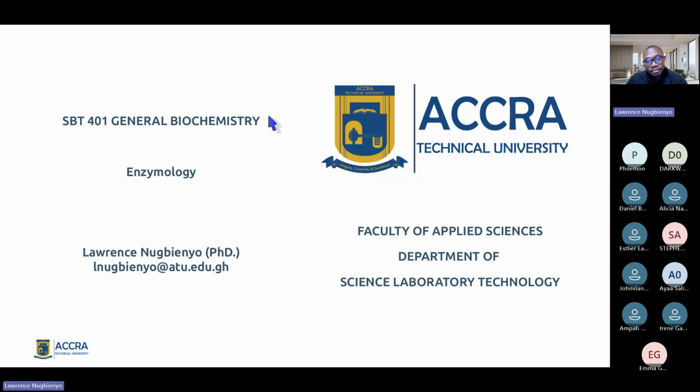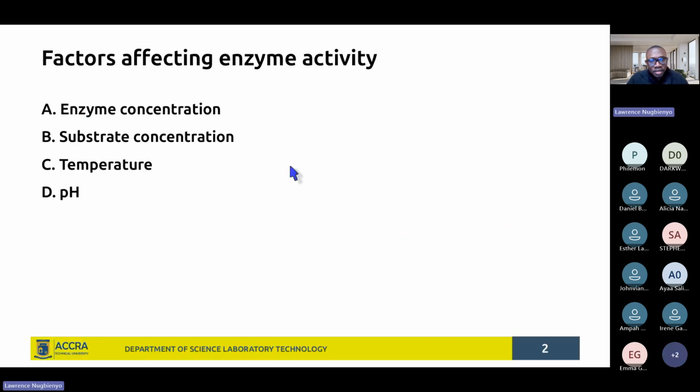We'll continue today to first of all look at factors that influence enzyme activity, and then we'll finish with mechanisms of action of enzymes. All right, so let's dive in. We'll be looking at four major factors that affect enzyme activity.